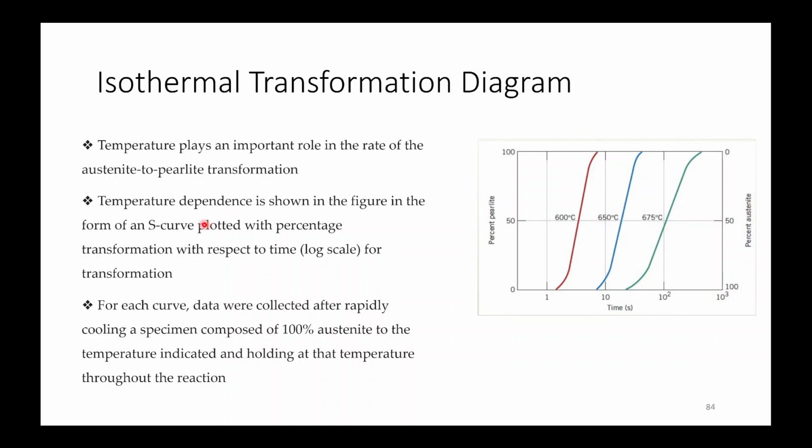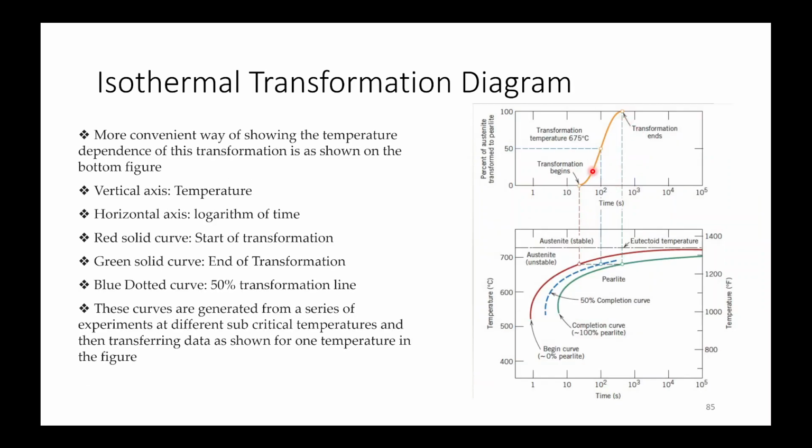So the S curve is plotted with percentage transformation with respect to time in log scale. For each curve, data are collected after rapidly cooling a specimen composed of 100% austenite to the temperature indicated and holding at that temperature throughout the reaction. Now these curves will be different at different temperatures, and these curves can be extrapolated to get your isothermal transformation diagram.